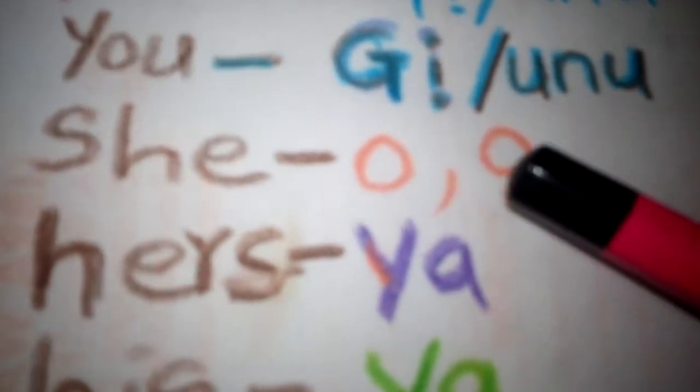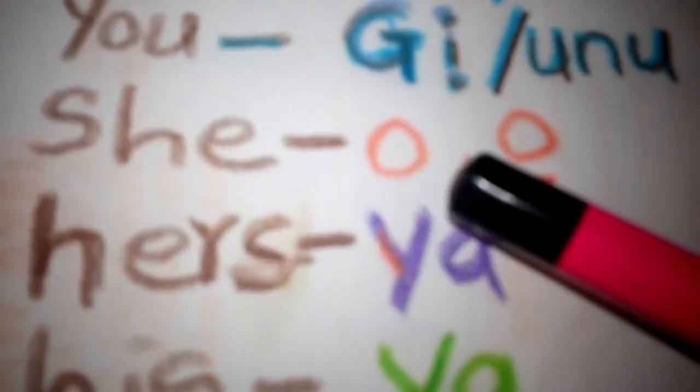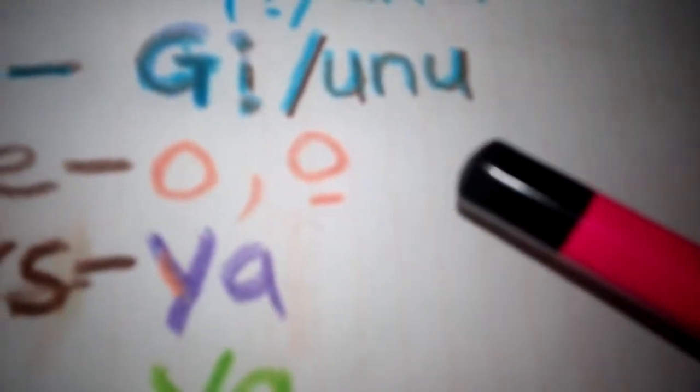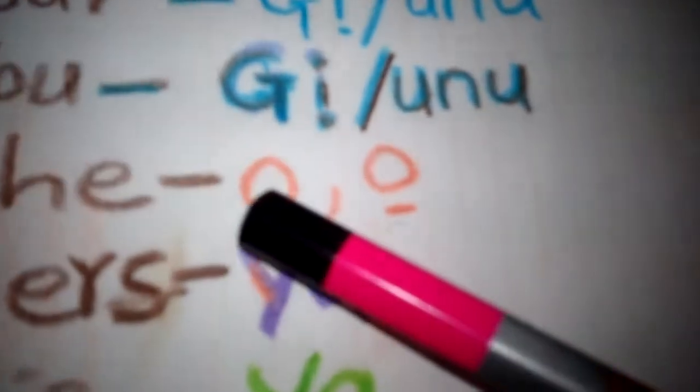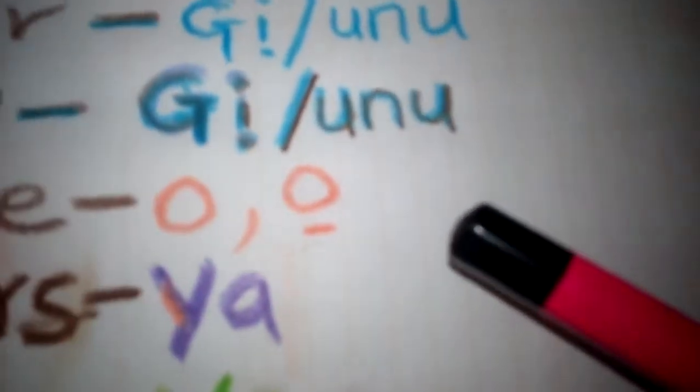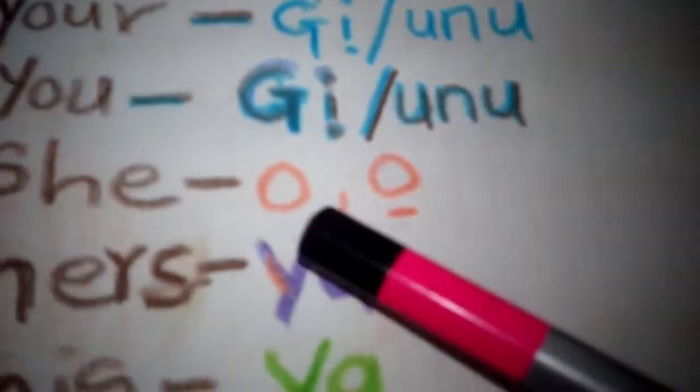Okay, so when do you know when to use o or when to use ọ? You check the verb stem in the sentence. You use o if the vowels are of one group, and you use ọ when the vowel is of the other group.